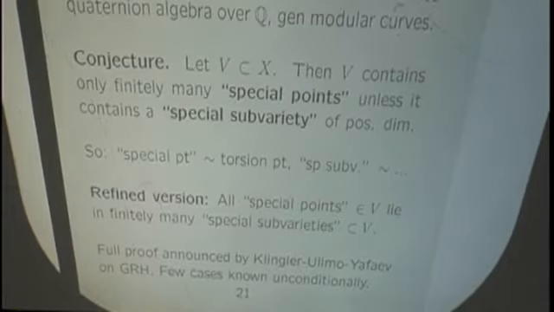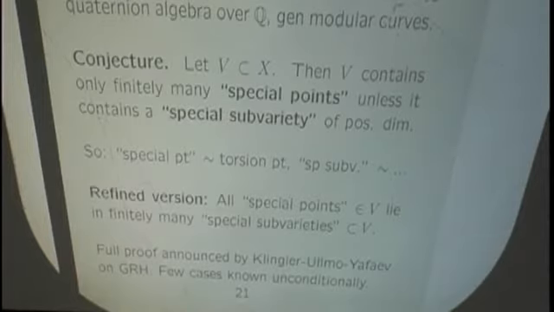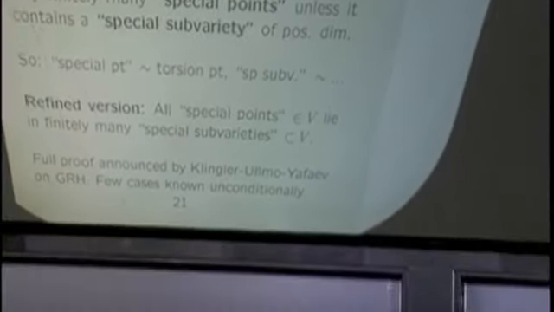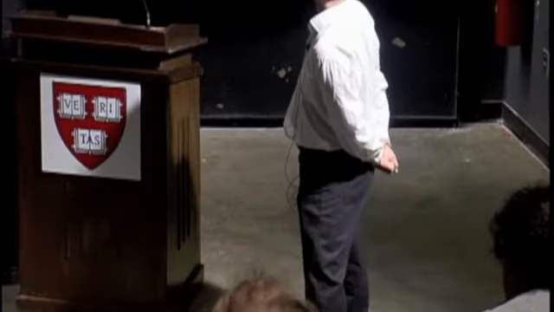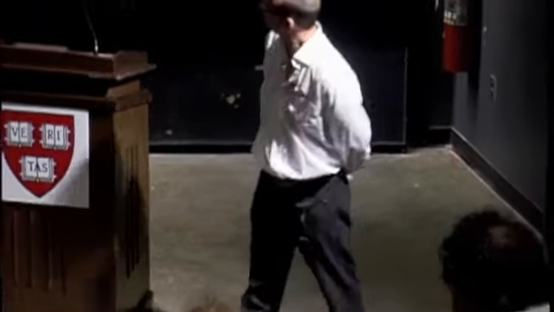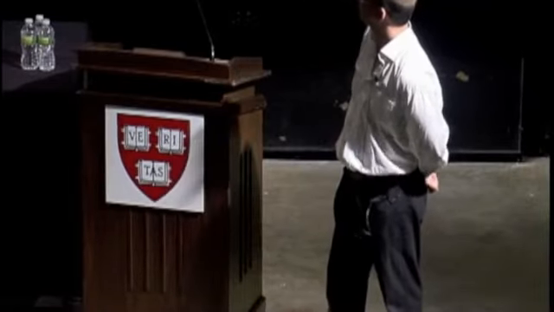And you have a refined version, again, that in fact all of the special points in your variety are accounted for by finitely many special subvarieties. Okay, so the proof of this theorem in general has been given in work of Klingler, Ullmo, and Yafaev, assuming the generalized Riemann hypothesis for imaginary quadratic fields. And rather few cases are known unconditionally.